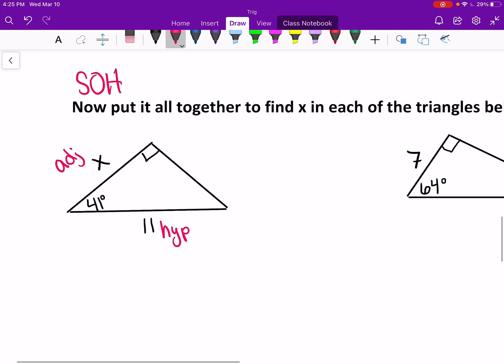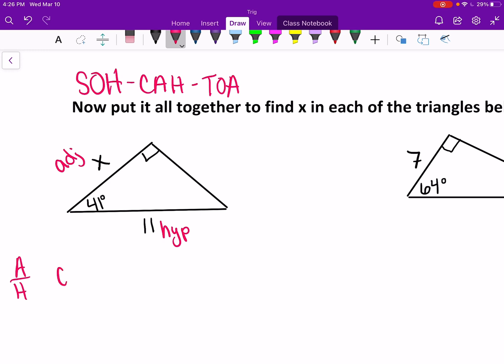If I have SOHCAHTOA, this is a good thing to remember. I have adjacent and hypotenuse, so I want the ratio with the A and the H, which is cosine. So I know I'm using adjacent over hypotenuse.